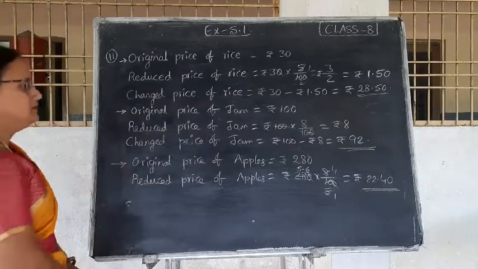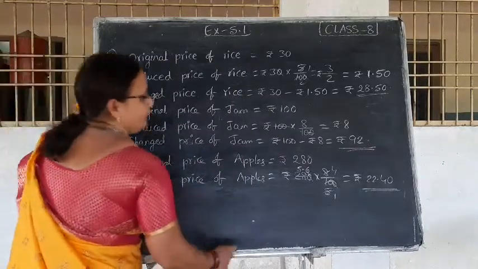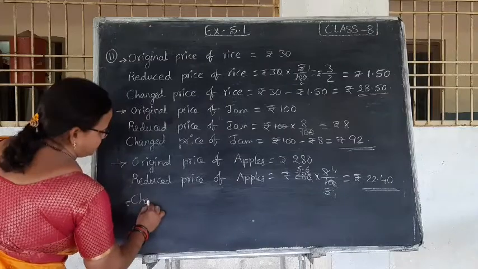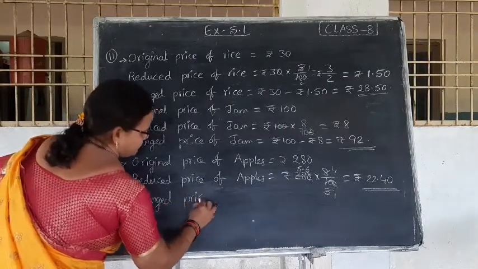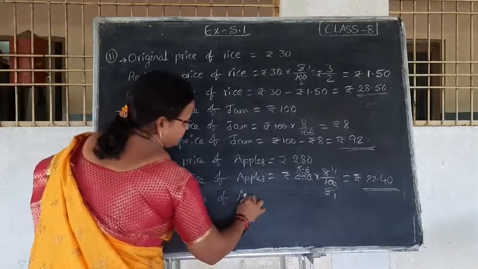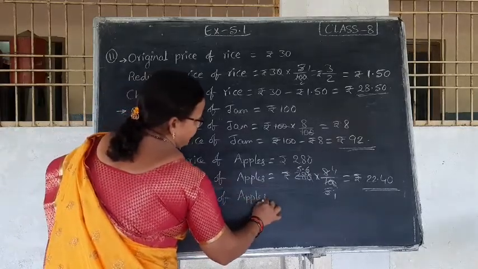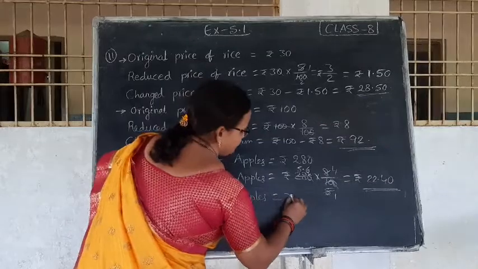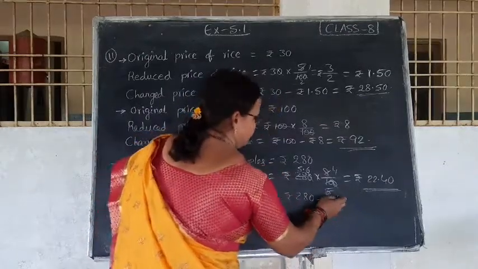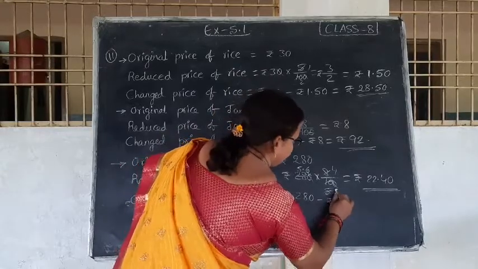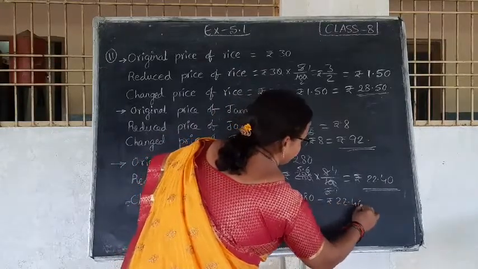So the changed price of apples: original is 280 and reduced is 22.40.